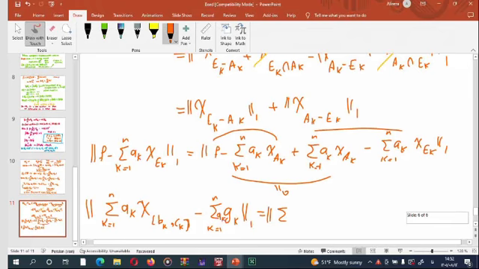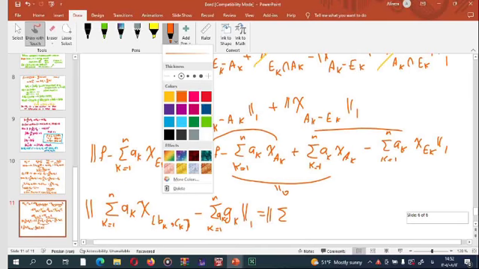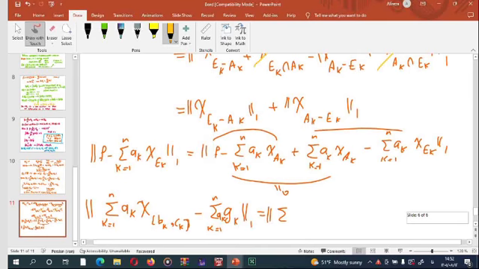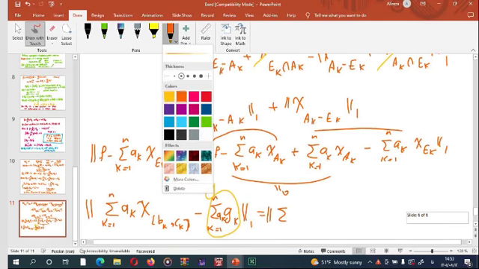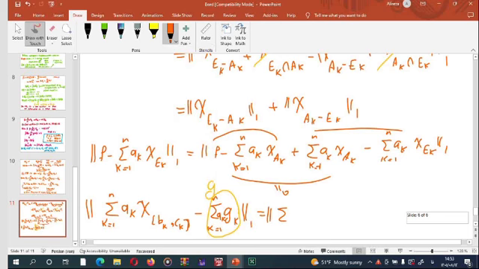This is our function g. Okay, a_k phi of b_k and c_k minus g_k.